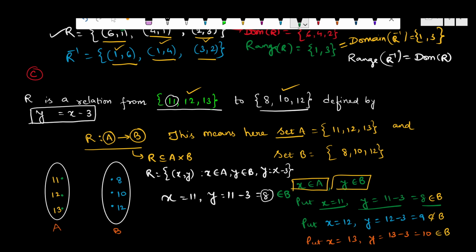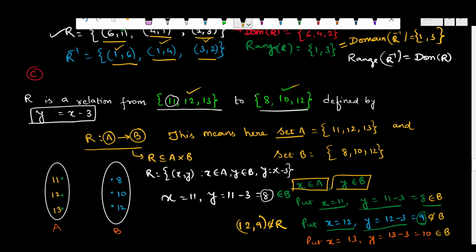But if you put x equals 12, then y equals 12 minus 3, which is 9. Now 9 does not belong to this set B, right? Therefore this pair (12, 9) will not belong to R, right?